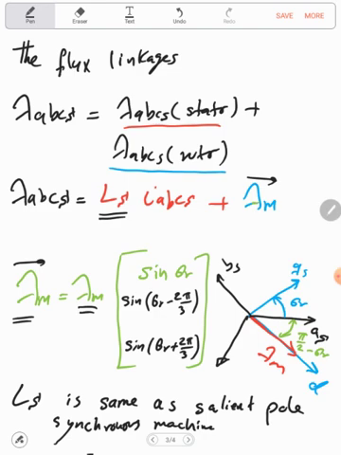Now, the magnitude of lambda m, which is the flux due to the permanent magnet, is constant because this flux is produced by a magnet.